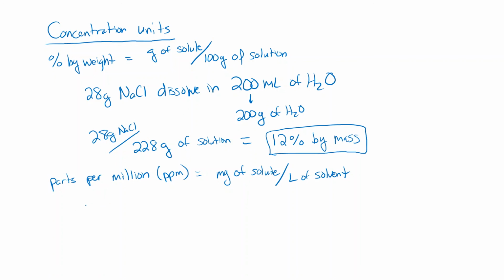So let's say that we take 6.3 milligrams of lead, and that is dissolved in 375 milliliters of water.